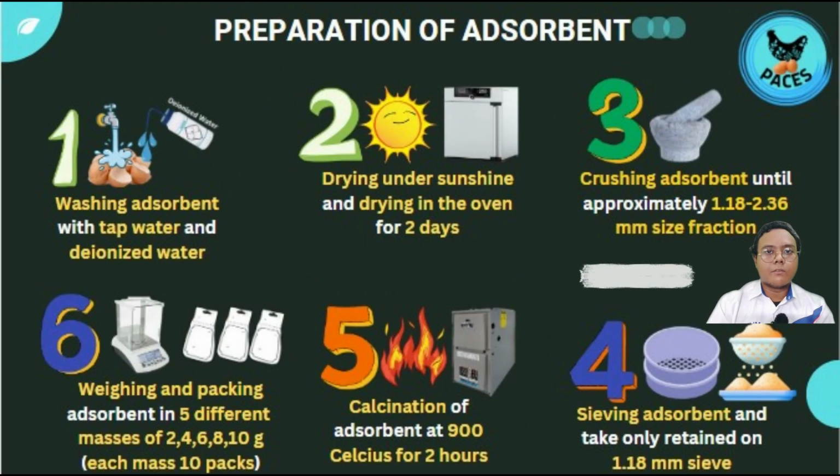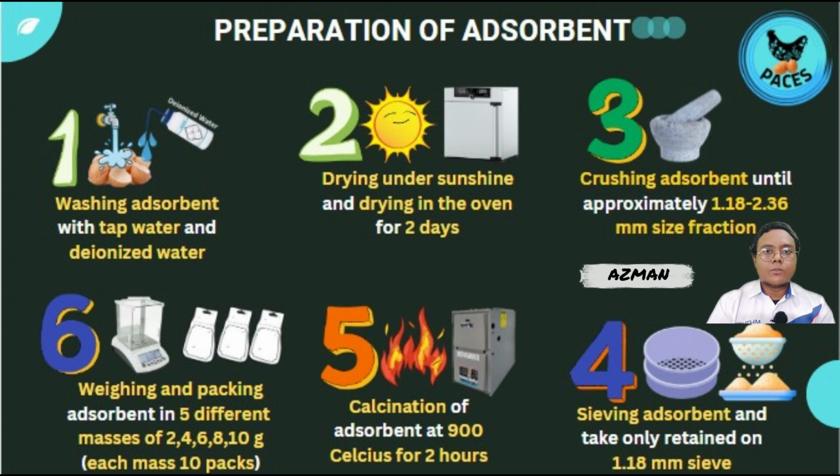The preparation of adsorbent started with washing the chicken eggshells with tap water and rinsing with deionized water. The adsorbent was then dried under sunshine and dried in the oven for 2 days. It was followed by the crushing of the adsorbent until approximately 1.18 mm to 2.36 mm size fraction was obtained.